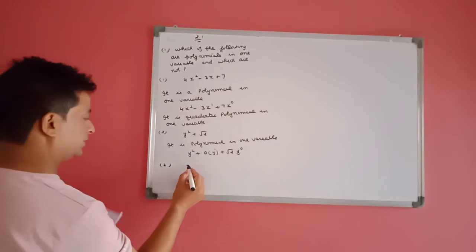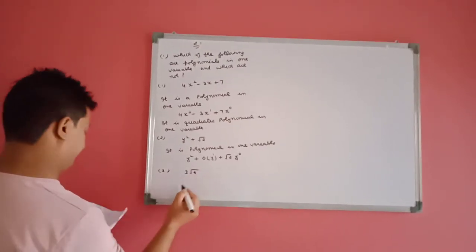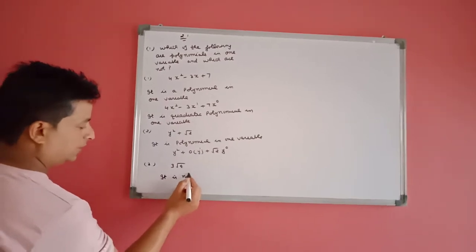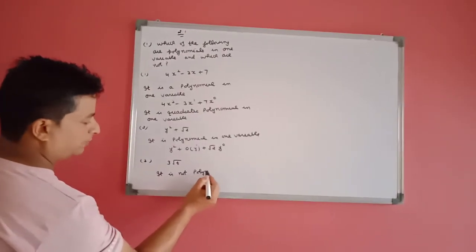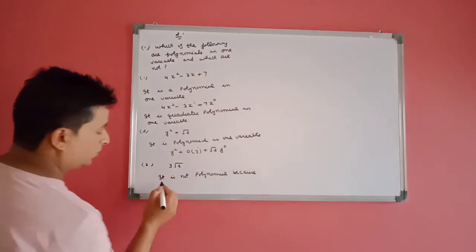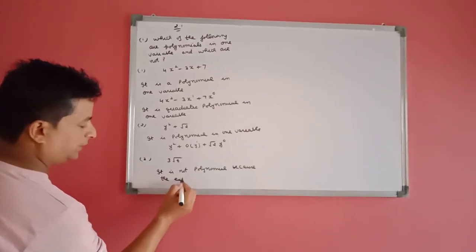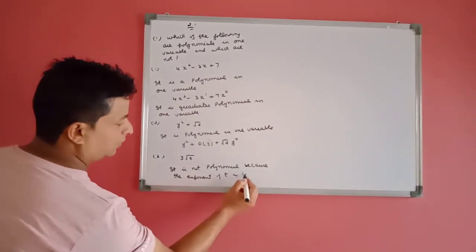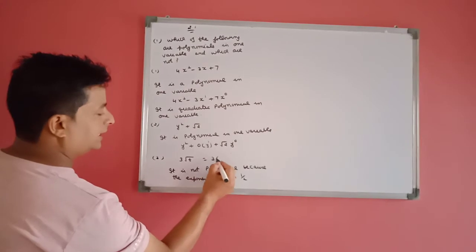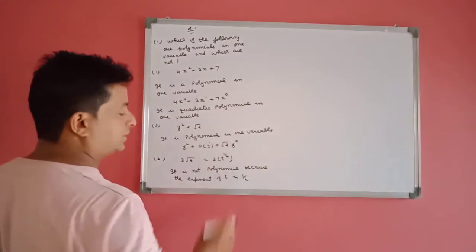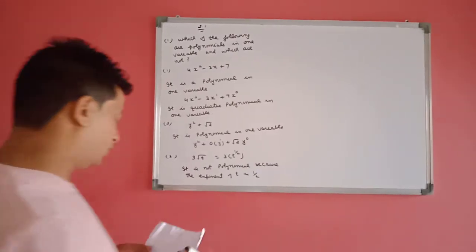The third is 3 under root t. It is not a polynomial because the exponent of t is 1/2. We write it as t power half, which is a fraction. So it is not a polynomial.